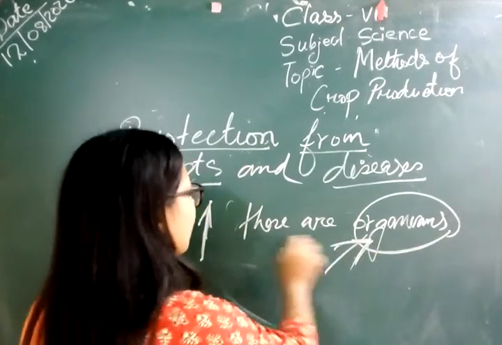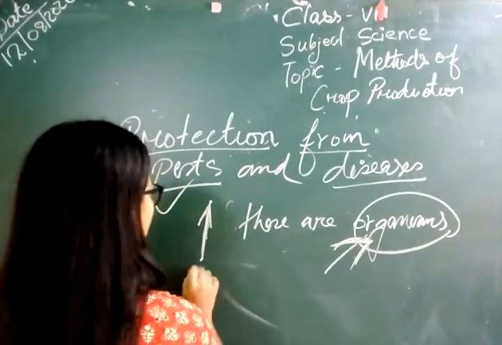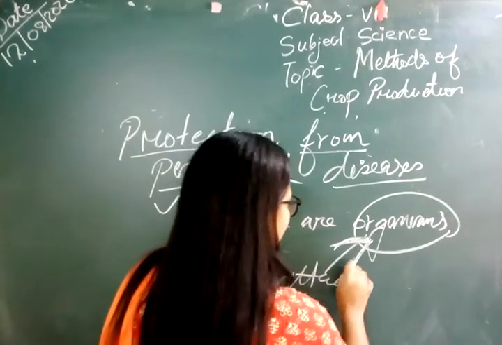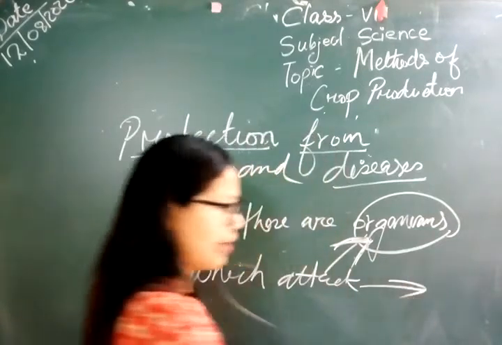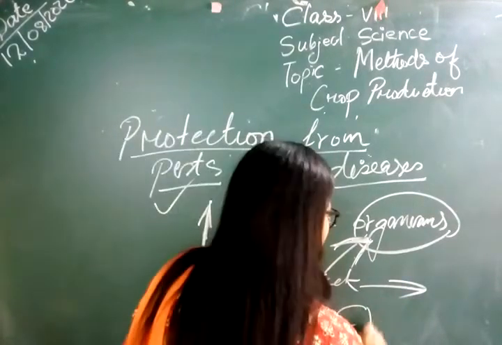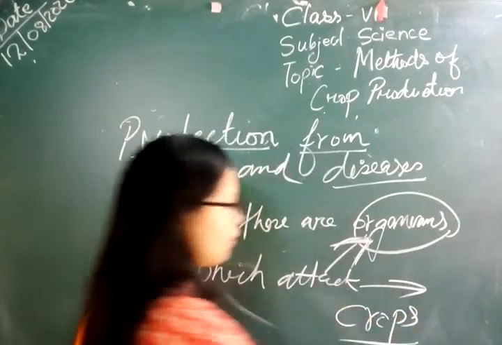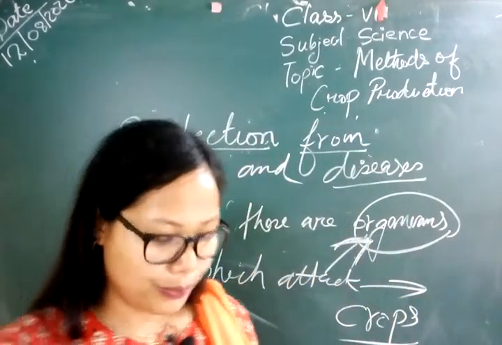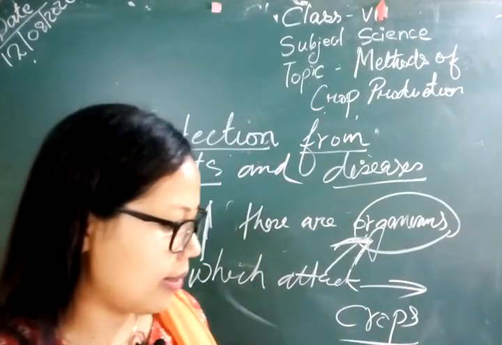These are the organisms which attack crops. These pests used to attack crops, and they are also, we can say, of two types.